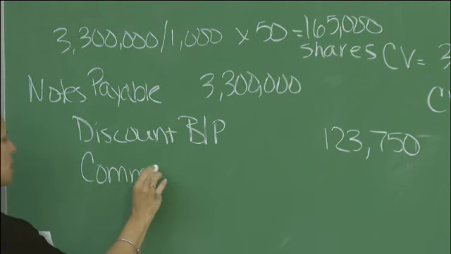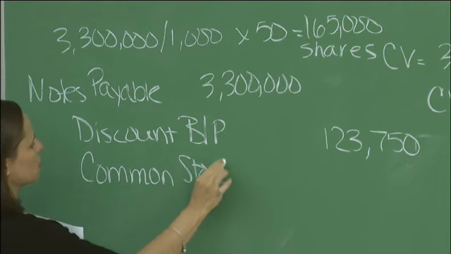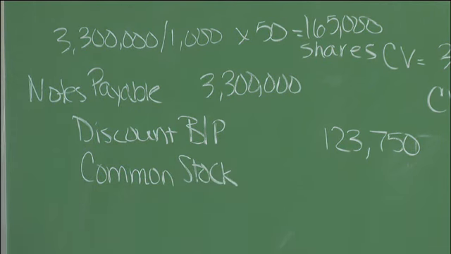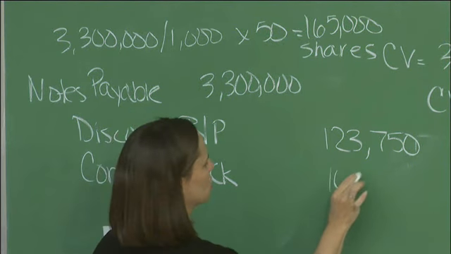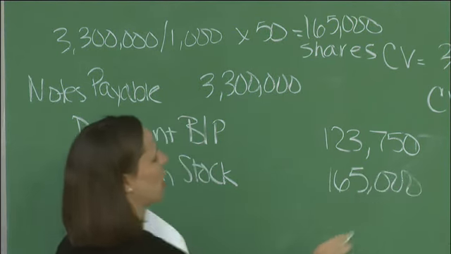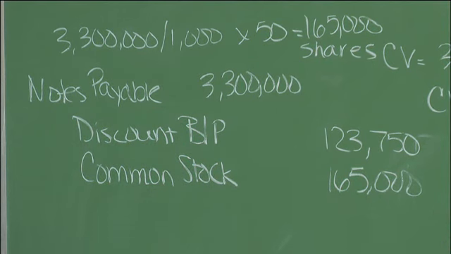We credit common stock for the par value. The problem told us this was a $1 par value common stock, so $1 per share. We're issuing 165,000 shares, so we credit common stock for 165,000.